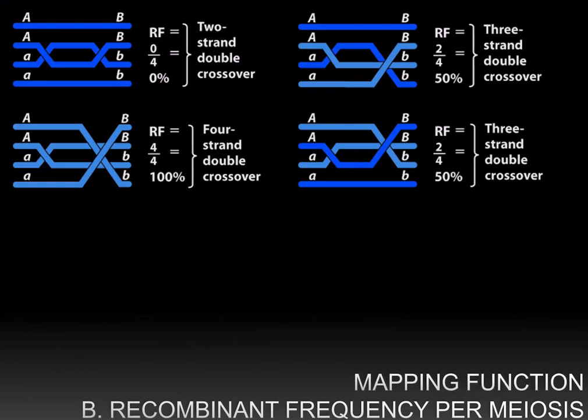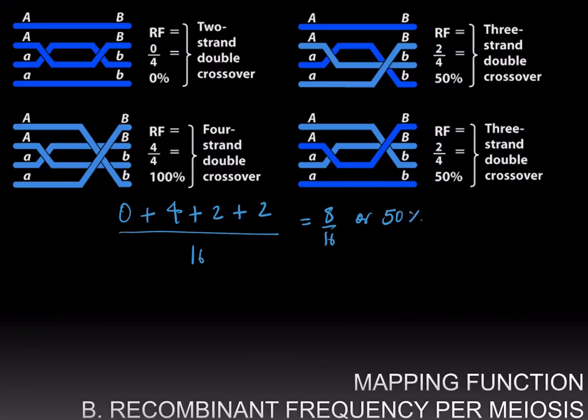So even though the number of recombinant gametes is different depending on whether the double crossover involved 2 strands, 4 strands, or 3 strands, on average, if you take all 4 together, you have 0 plus 4 plus 2 plus 2 divided by 16, which is 8 over 16, or 50% recombinance.